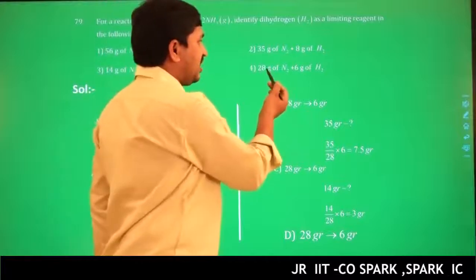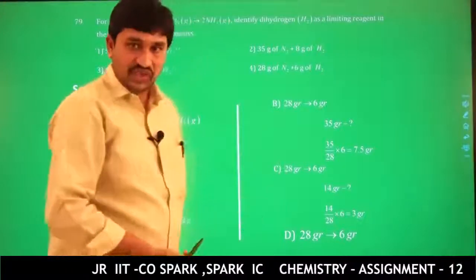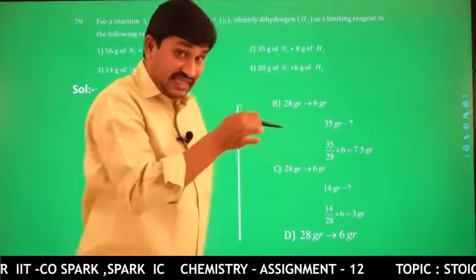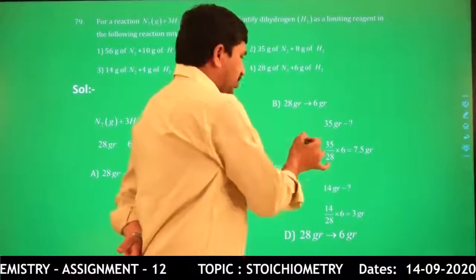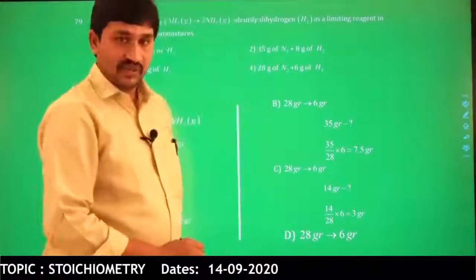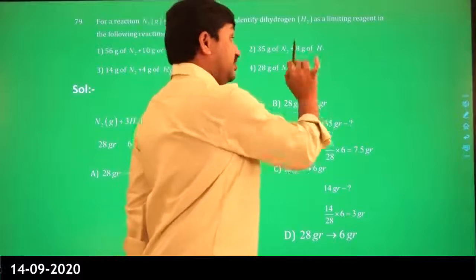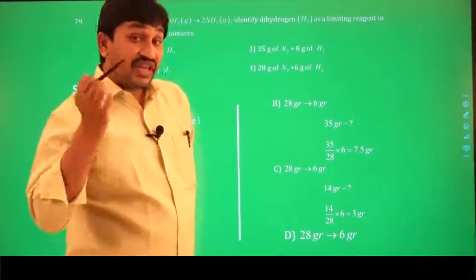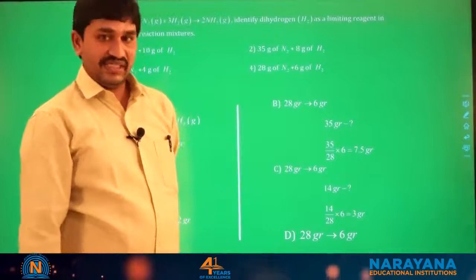Then 35 grams of N2 combined with how many grams of H2? Is it 8, or less than 8, or more than 8? Once you check out, 35 by 28 into 6, you find the answer 7.5 grams. Actually 7.5 grams is required, but here 8 grams participated, more than the required value. Then in this case hydrogen is not taken as a limiting reagent.